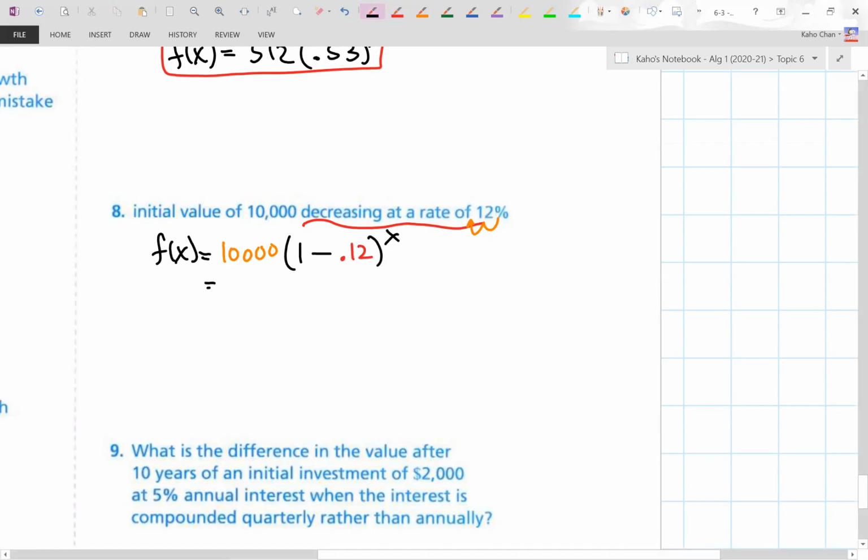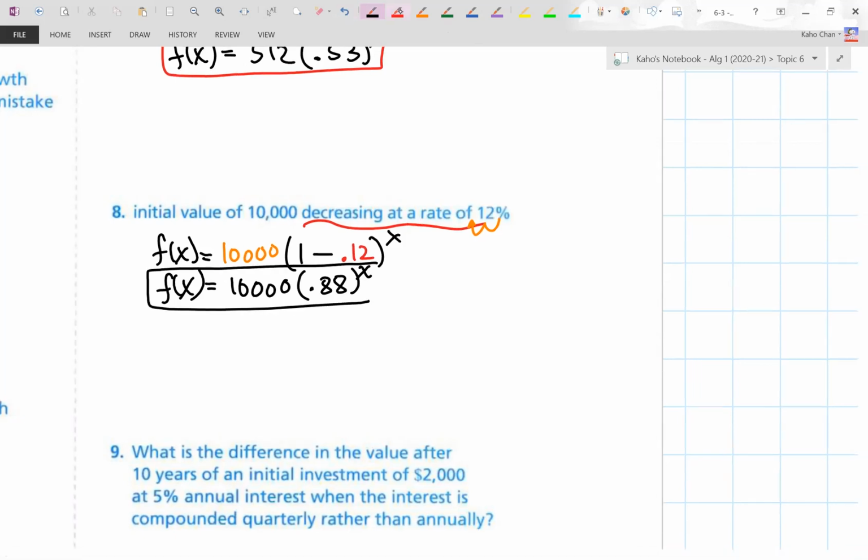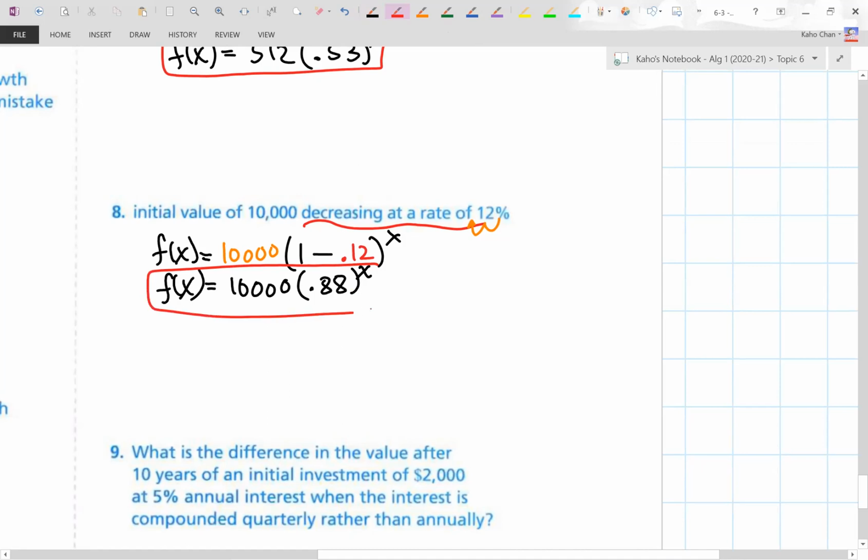Okay, clean that up. 1 minus 0.12 is 0.88. That's 88%. And when we're done at this point, I'm going to put a what if question for a secondary part, because let's make it a little more interesting. It gets a little boring after a while doing the problems 4 times.